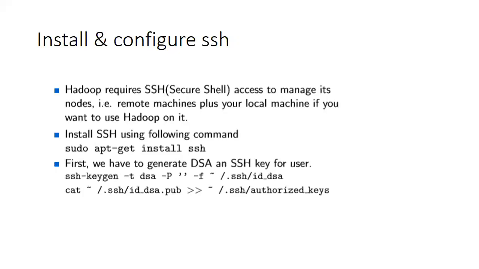For this purpose, we configure and install SSH. This SSH will generate a public key. We have to move that public key into the specified SSH directory file, as shown in this PPT. You can see ssh-keygen -t, the encryption type DSA, -P, the file name with -f, and it should be generated at ~/.ssh/id_dsa.